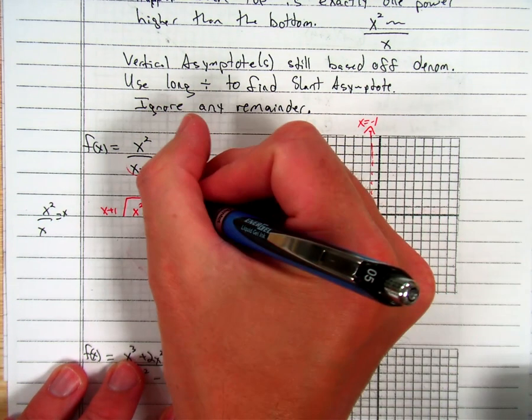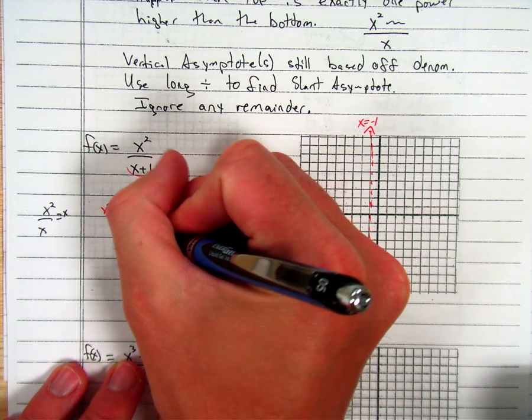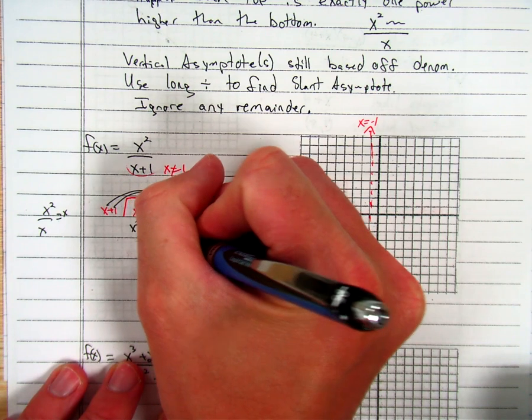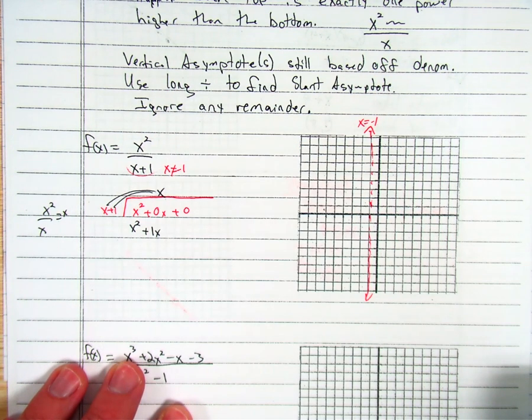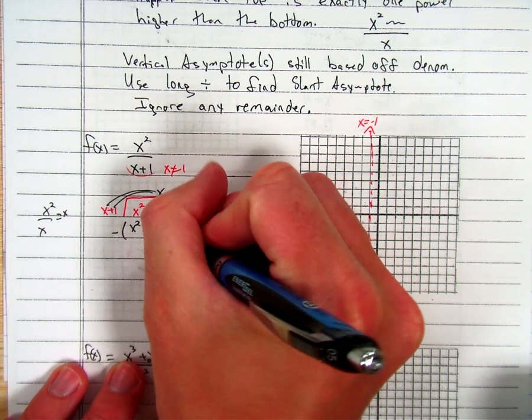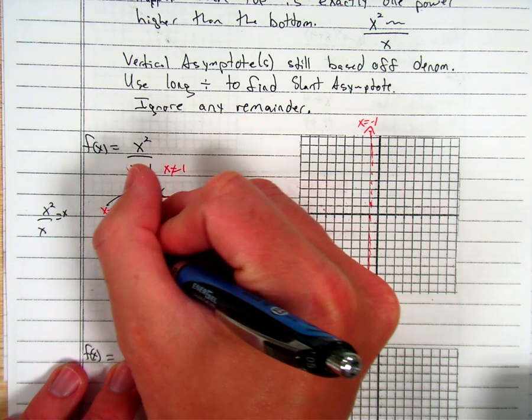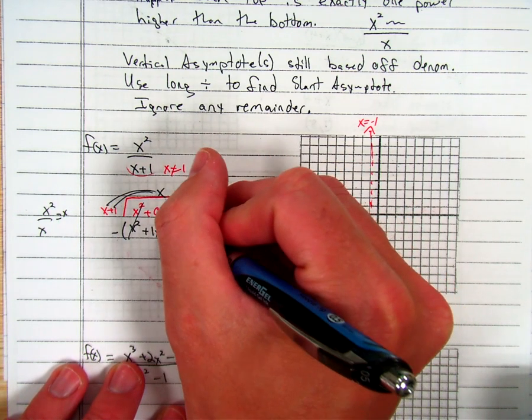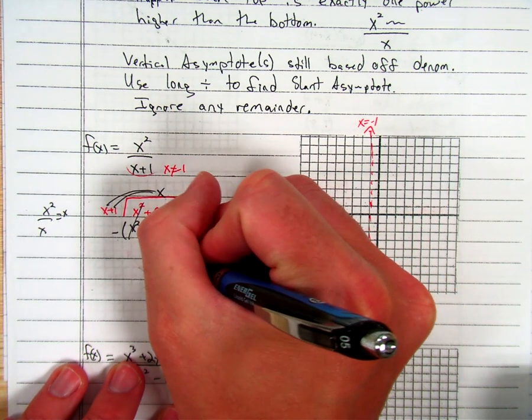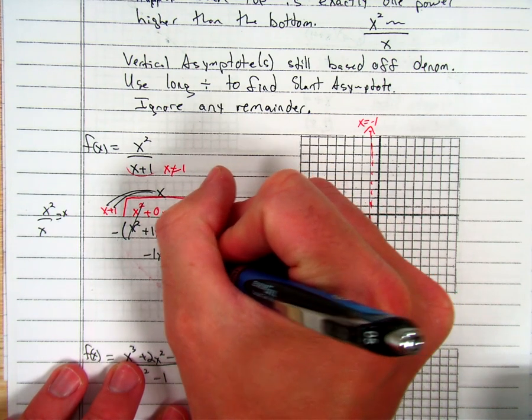And then we multiply it back to the stuff in the front. And we subtract down. That's the tricky part. We subtract everything down. So x squared minus x squared cancels. 0 minus 1, we have negative 1x. And we bring the next spot down.